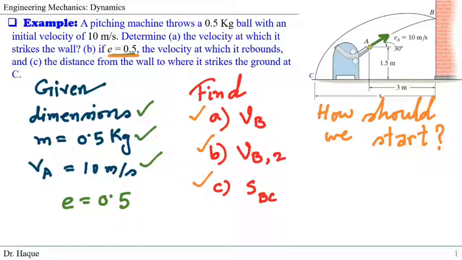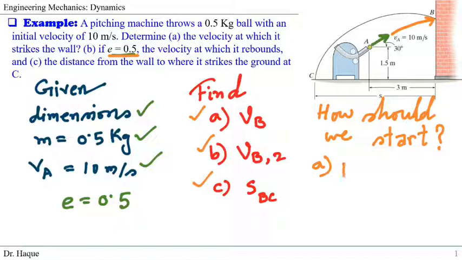And if you take a moment and consider what problem A is, you will find it's just a projectile motion chapter 12 problem. So that is my plan. I see that in problem A, we have to find the velocity at which it strikes the wall. It looks like it's not a straight line. The ball is going to hit at point B, so it's a projectile motion.